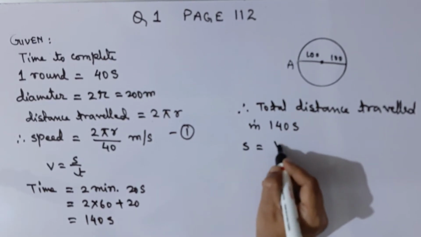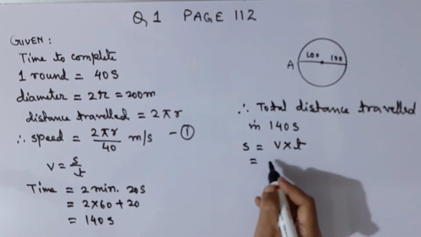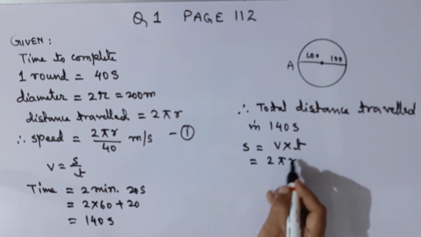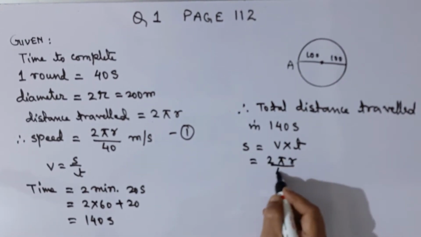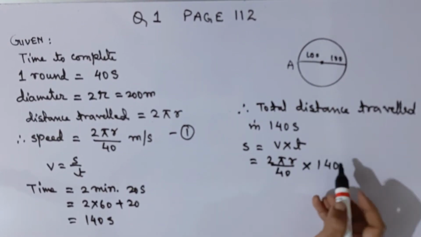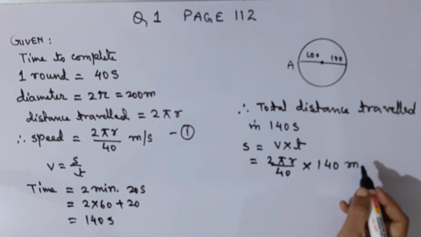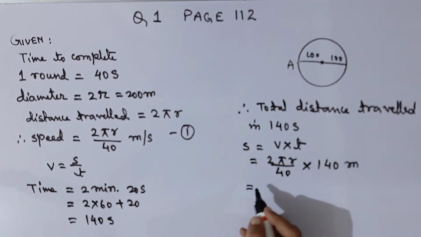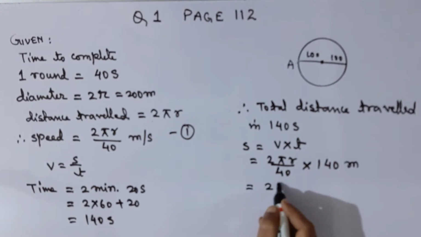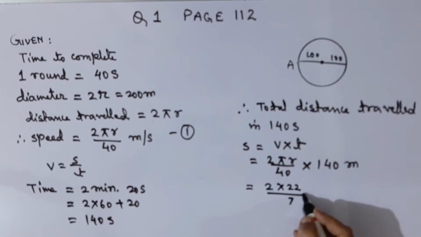S is equal to V into T, that will be 2 pi r divided by 40 and multiplied by 140. Since we are calculating distance, the unit here will be meter. Now let us simplify it. This is 2 into 22 upon 7.